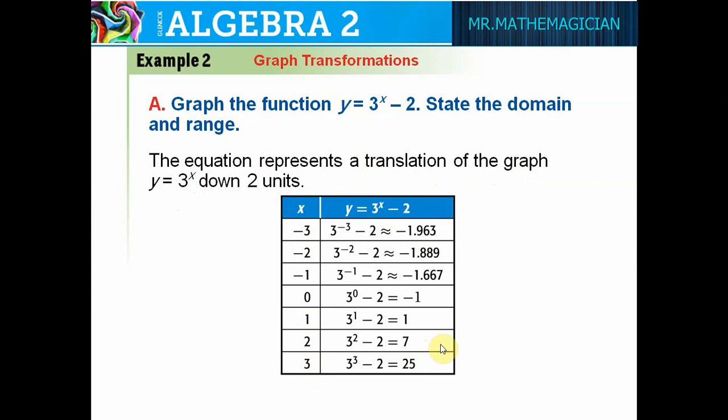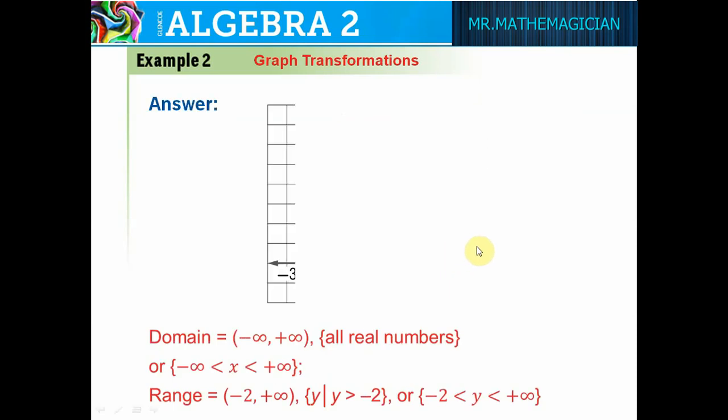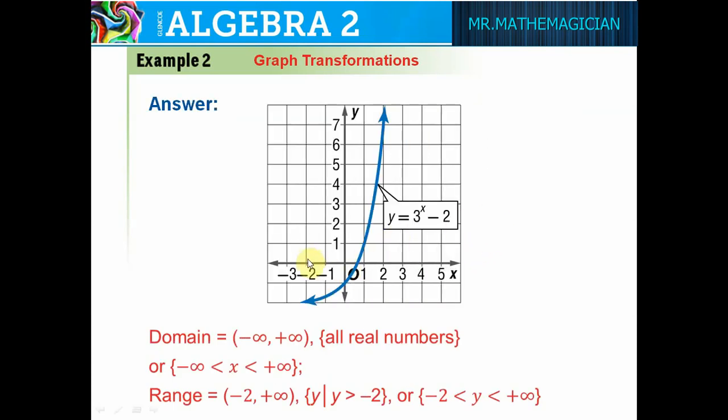Now let's graph: 3 up to 25, 2 up to 7, 1 and 1, 0 and negative 1, and so on. The graph will take this shape. It's clear that it's similar to the graph of the exponential growth, but it goes down 2 units.